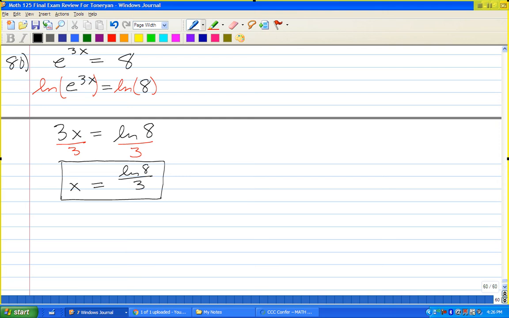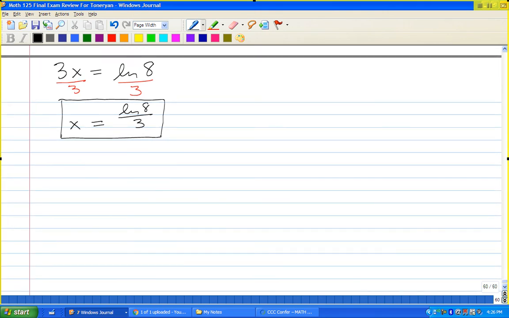Who cares? I noticed that on problem 79, she wrote the answer slightly different, but they're both the same answer. They're just written in different forms. Okay, so let me do problem number 81.